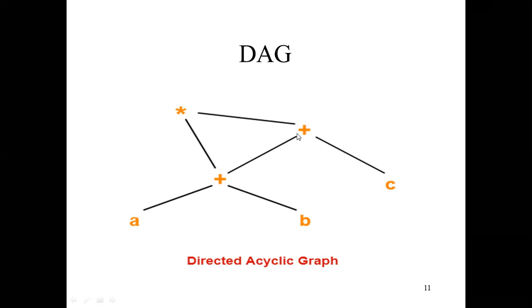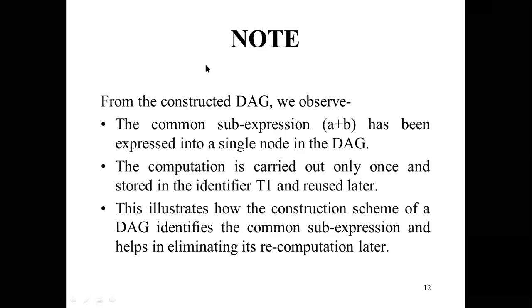Try to understand this. You can note this is important. You can express it into a single node. Another one is the computation is carried out only once. Here you are doing the calculation only once, you are not repeating the same expression again and again.